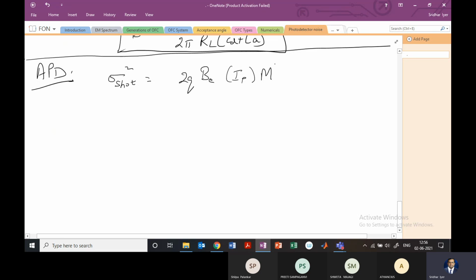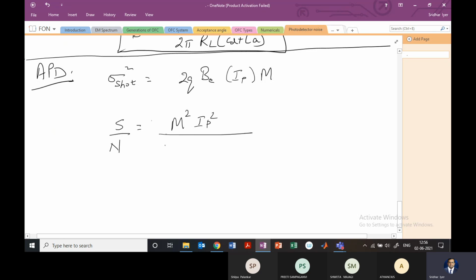When we find the signal to noise ratio, the signal power is always going to be IP square, and since IP multiplies with m, it becomes m square IP square.